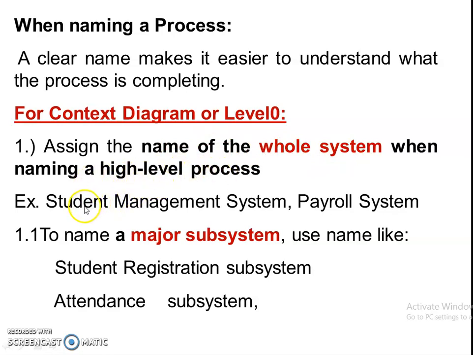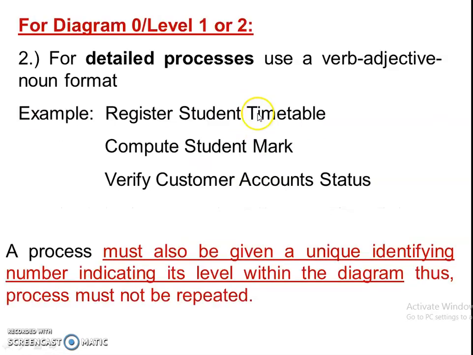For example, student management system, payroll system, billing system, or it can be a major subsystem, like student registration subsystem, attendance subsystem. These will be the expected names when you name a level 0 process.